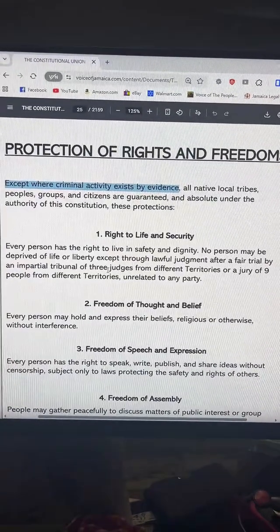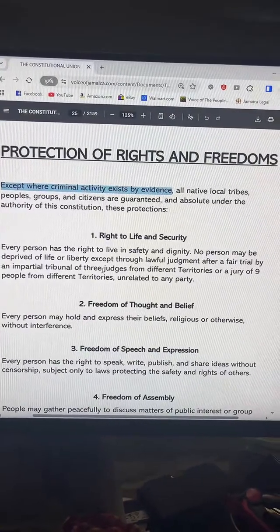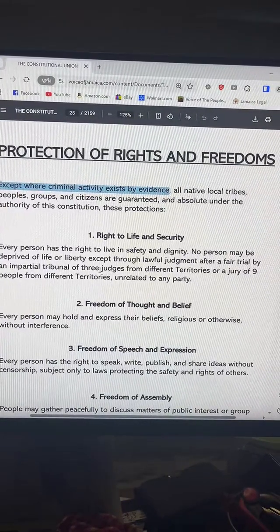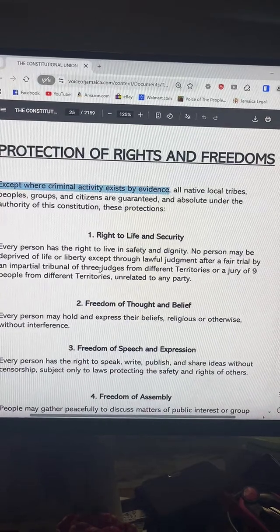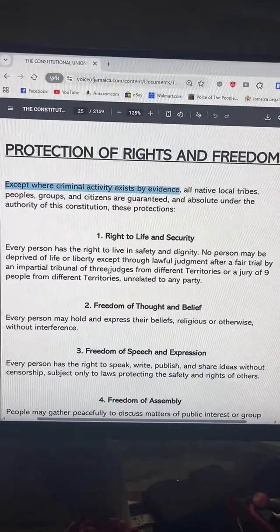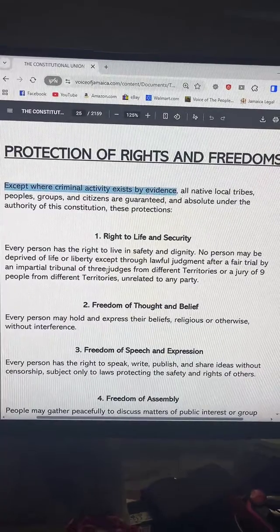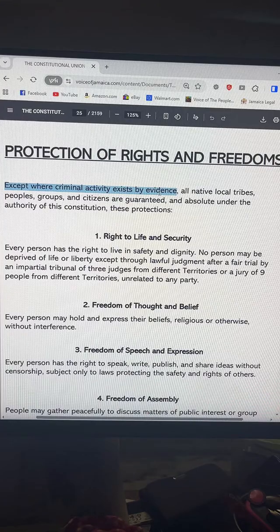The only thing that can cause a right or a protection from being activated and enforced, the only thing that can stop it is criminal activity. That's it. And not only someone claiming that it is criminal activity, it has to be by evidence, right? Except where criminal activity exists by evidence.